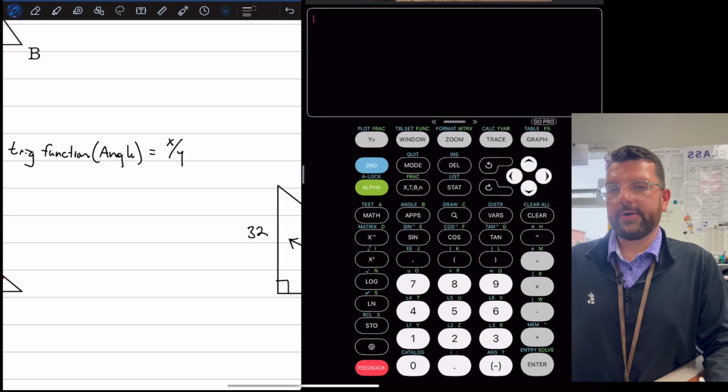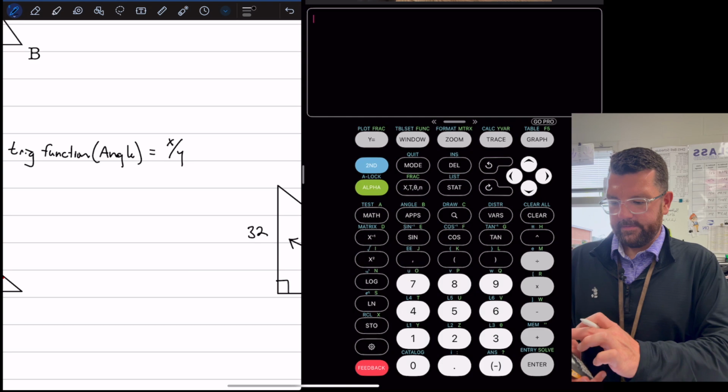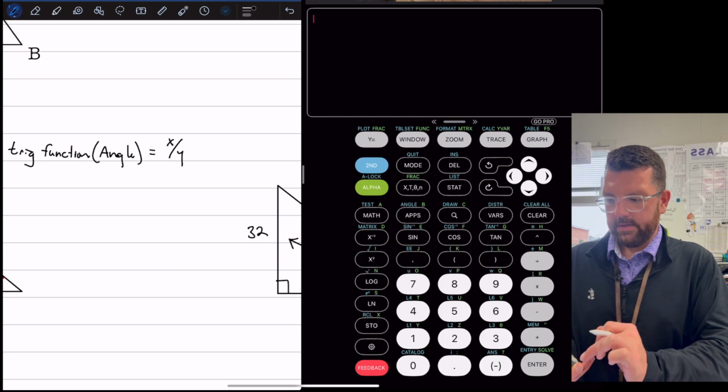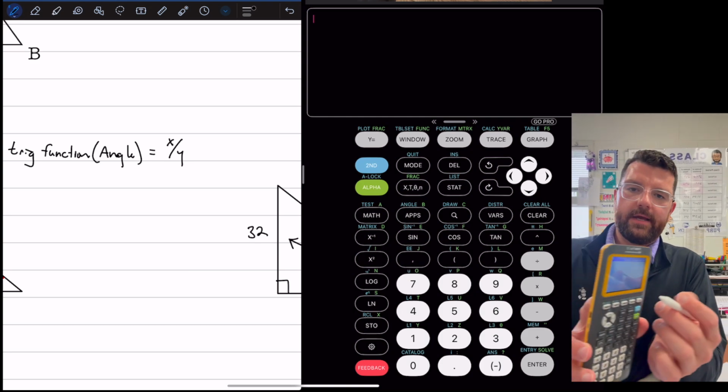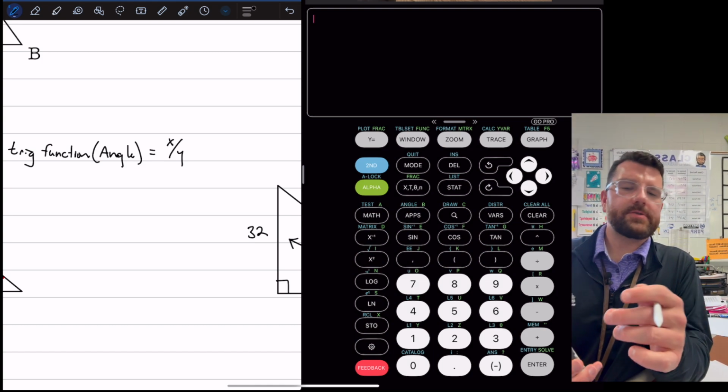That should clear your calculator. And then up in the blue area, it should say radian. You may see where it says radian up here, if you're using one of our school calculators.